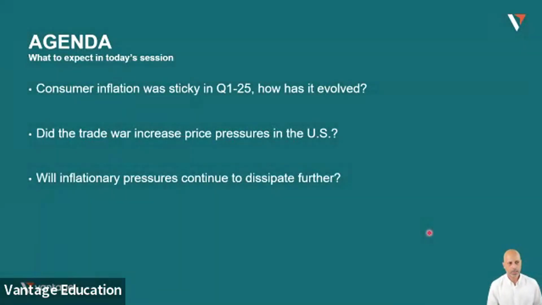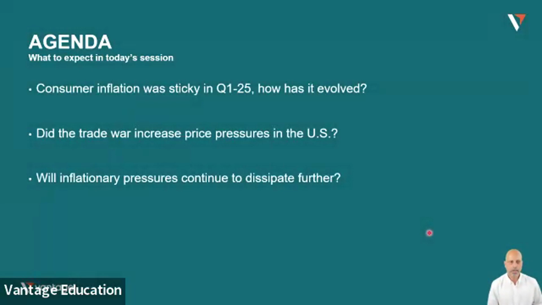Here's the agenda for today. We'll take a look at how consumer inflation has progressed in 2025. Generally speaking, in the first quarter of this year, consumer inflation was relatively sticky, and we'll see how it has evolved since then.